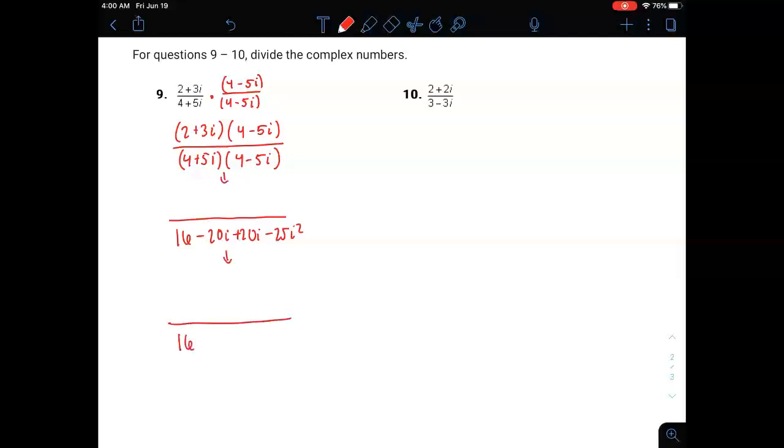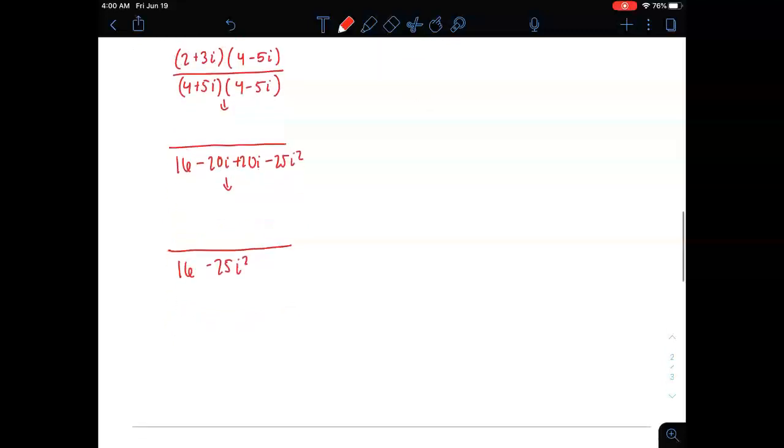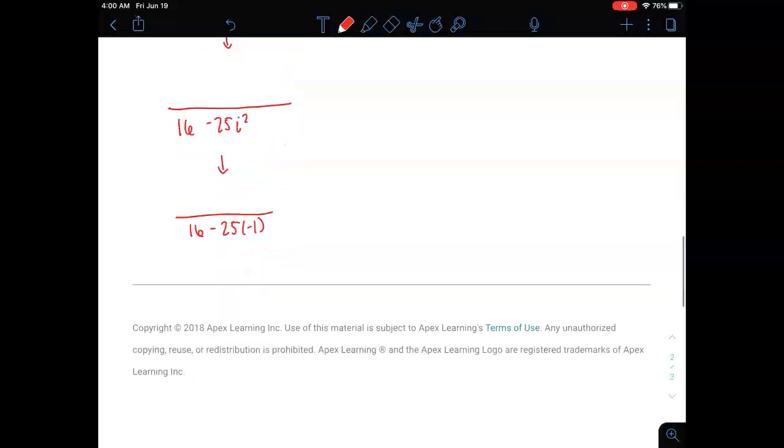Those middle numbers cancel out, so I've got 16 minus 25i squared. All right, I replace my i squared with a negative 1. All right, I've got 16 plus 25. So my denominator turns into 41.